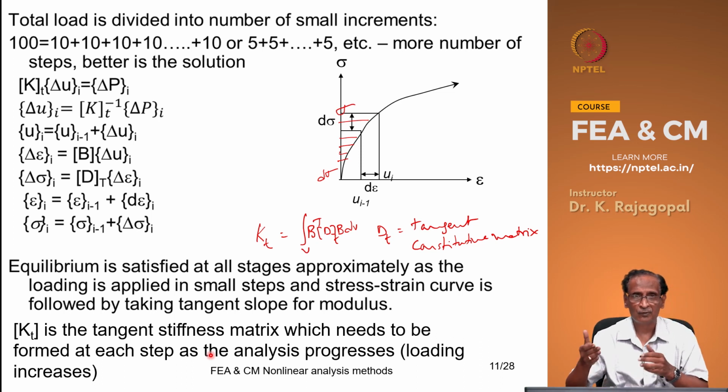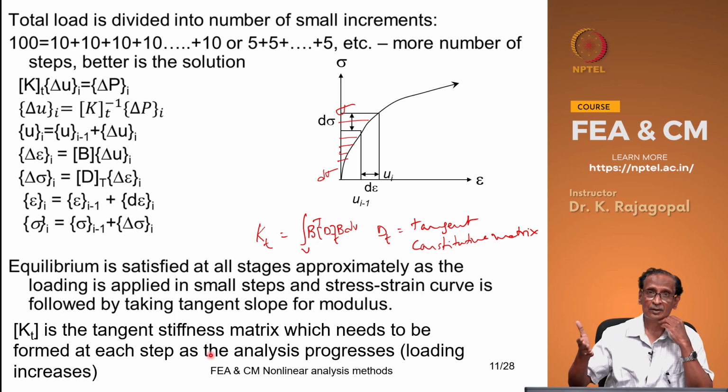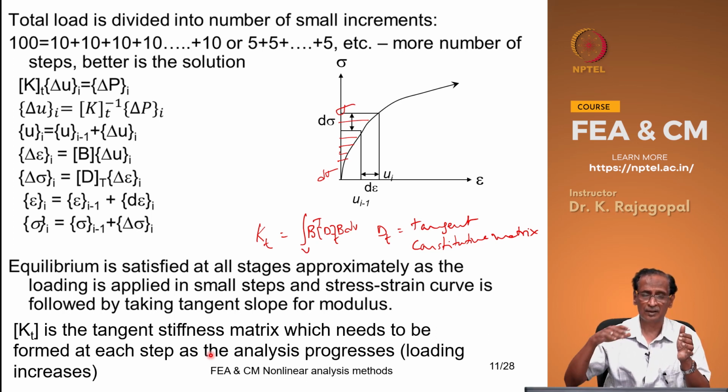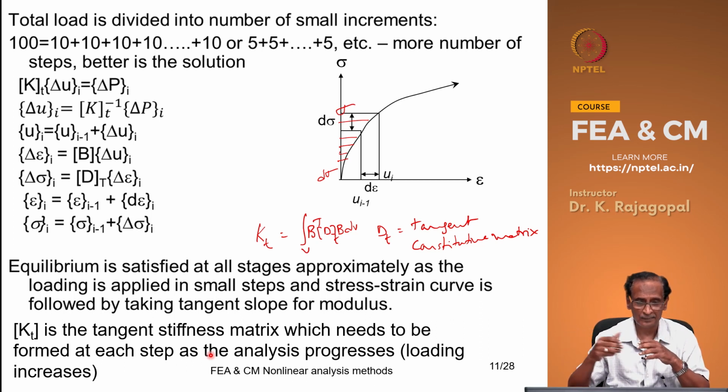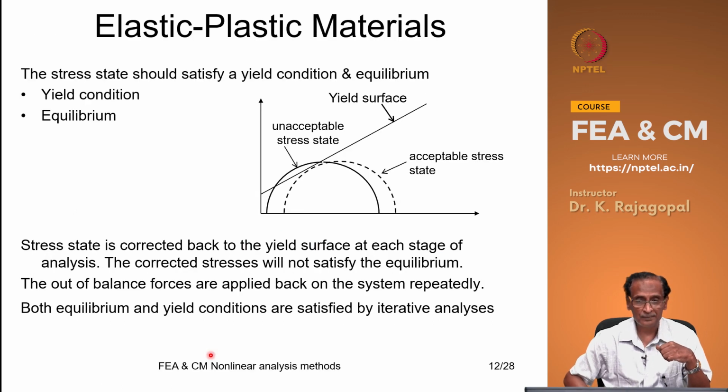So, you have to form the stiffness matrices of all the elements 100 times, assemble them, and then you have to do the triangulation, that is converting the stiffness matrix in an upper diagonal matrix, and then you can do the back substitution. So, it's a very involved process, and so it takes a lot of time and effort for doing these analysis.